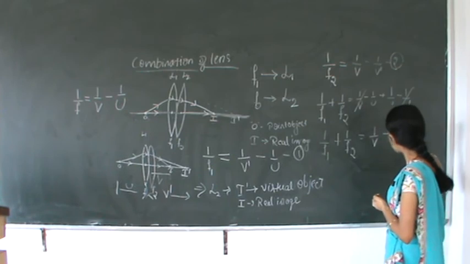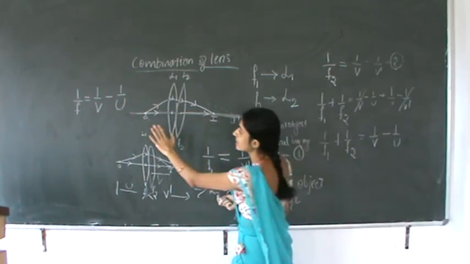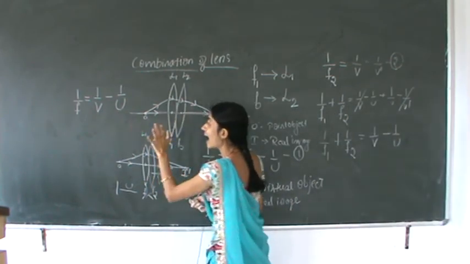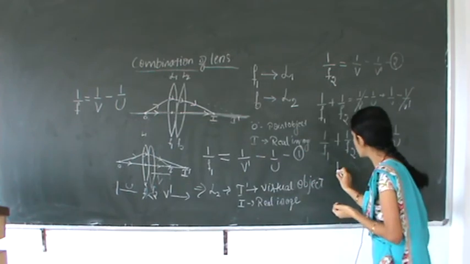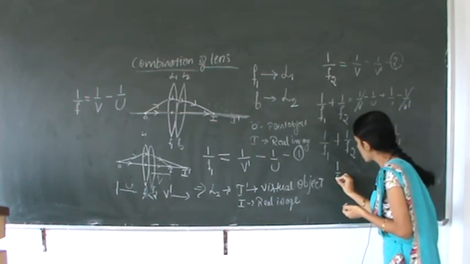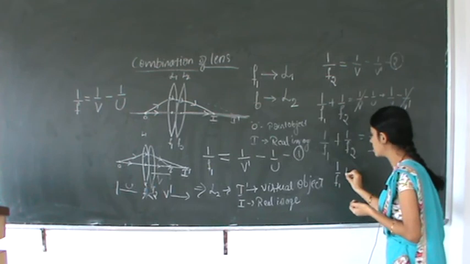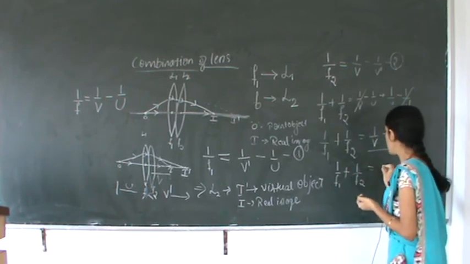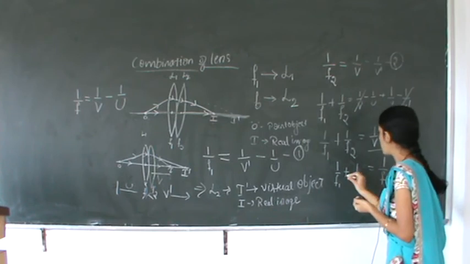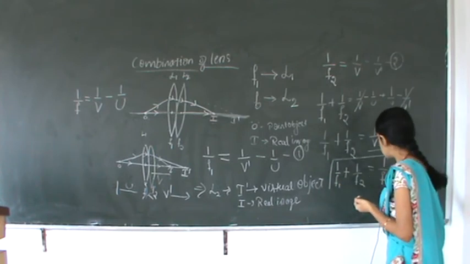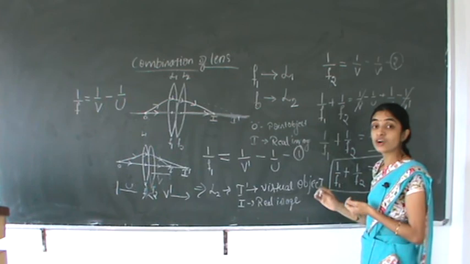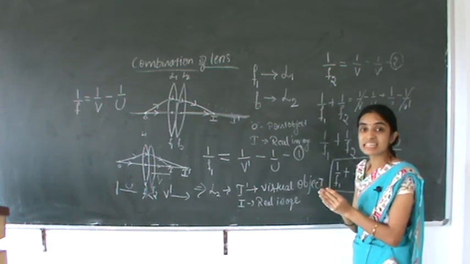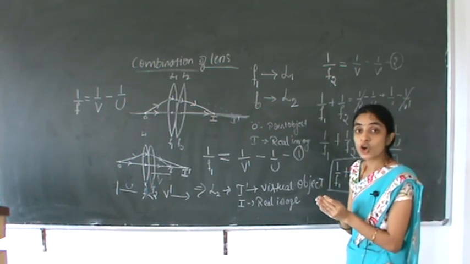If I compare the right hand side and the right hand side of these equations, I can replace it: 1 by f1 plus 1 by f2 will be equal to what? 1 by f. It is the equivalent focal length when two lenses are kept in contact.